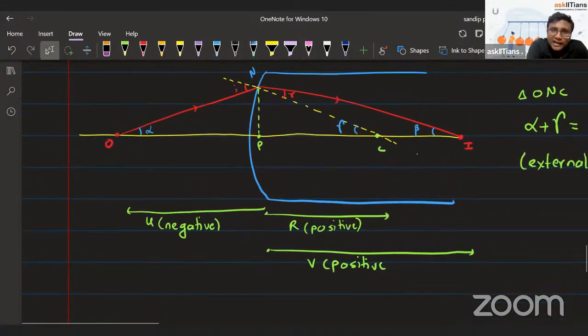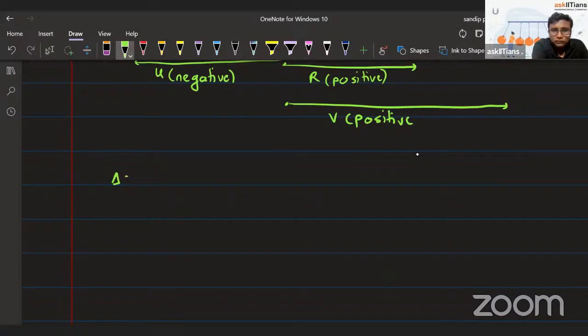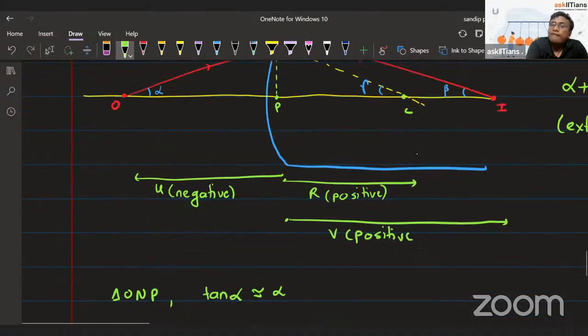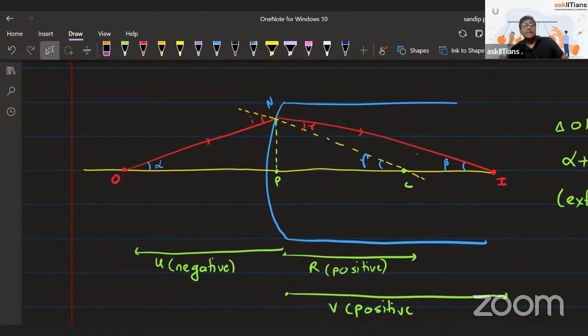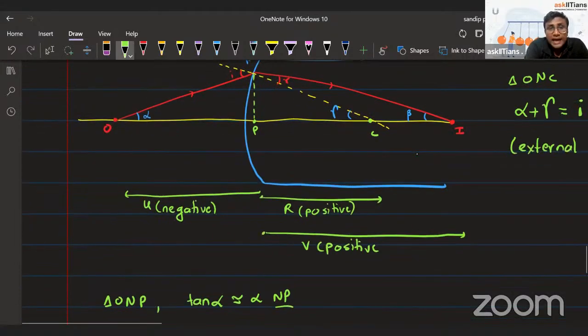So from triangle, let's say ONP triangle, tan alpha is approximately equal to alpha. Why? Because if the angle is small, we can say so. Tan alpha is equal to NP upon OP.